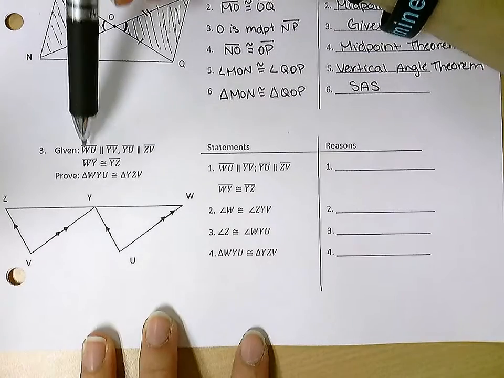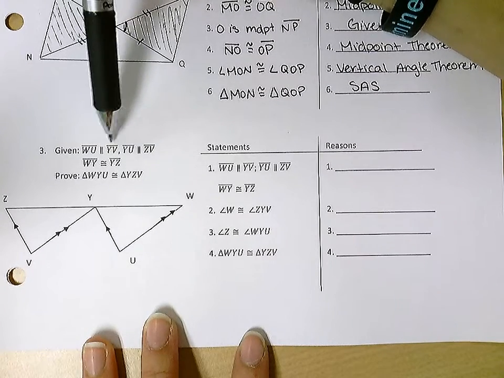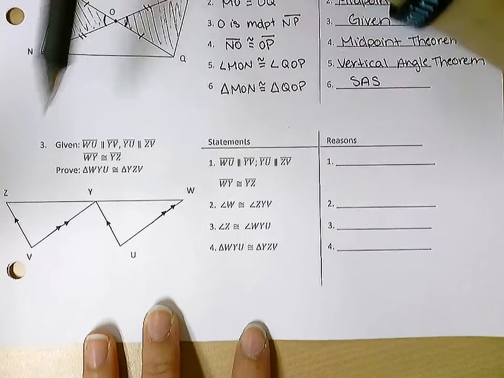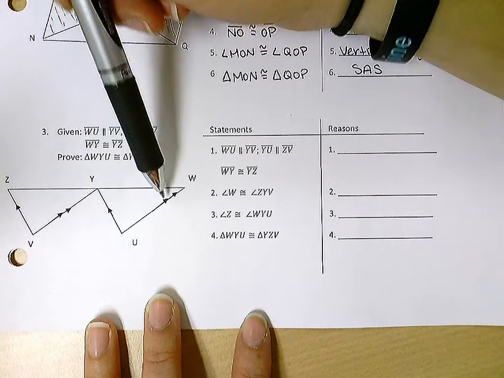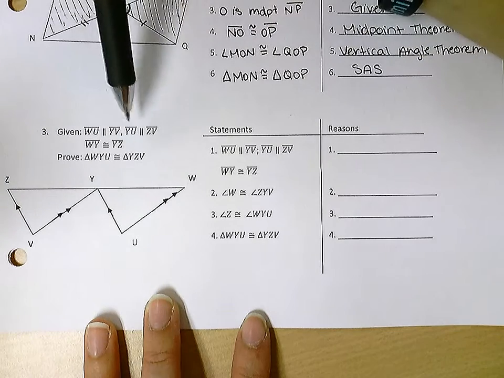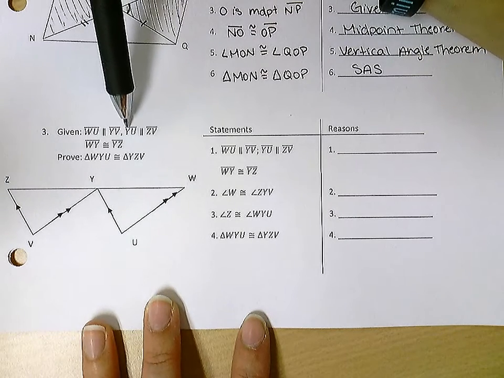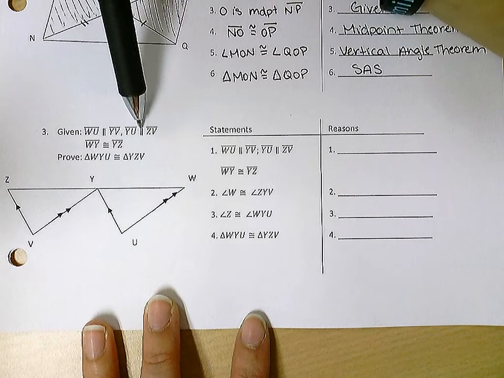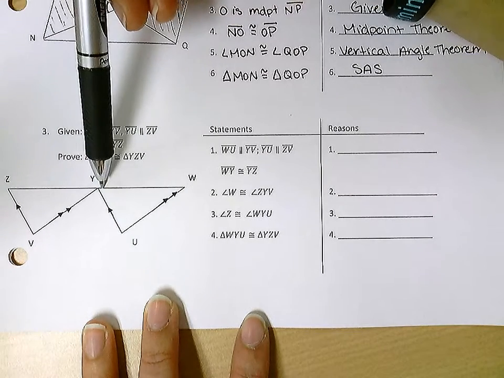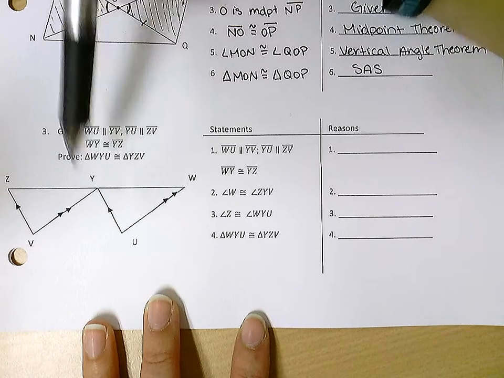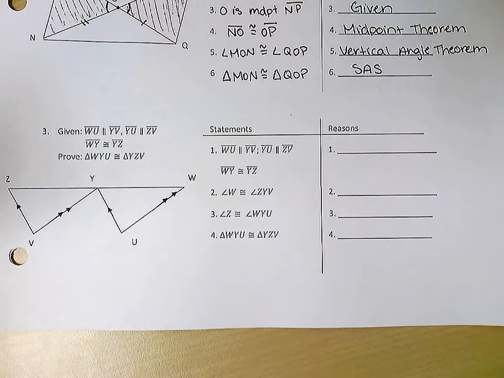We are given that WU is parallel to YV. Okay, so WU and YV are parallel, so it has those arrows in it. You're also given that YU is parallel to ZV. Again, it has those arrows to show they're parallel. Now, if I have given you parallel lines, what is that an indication you need to look for?